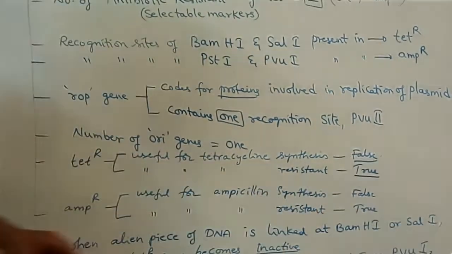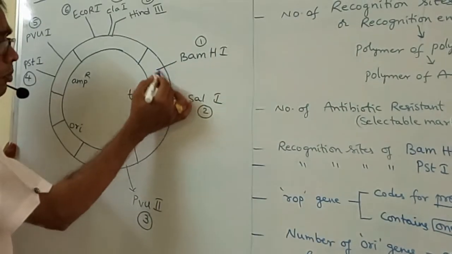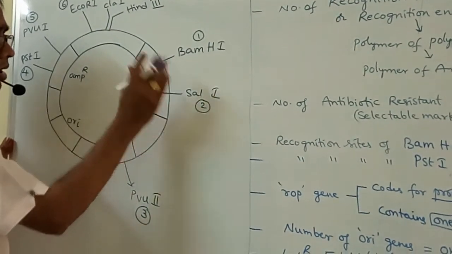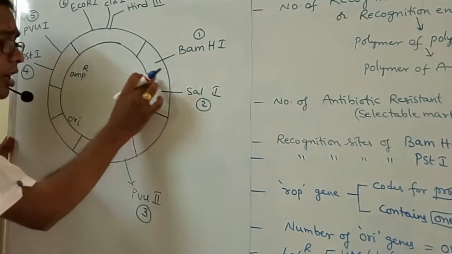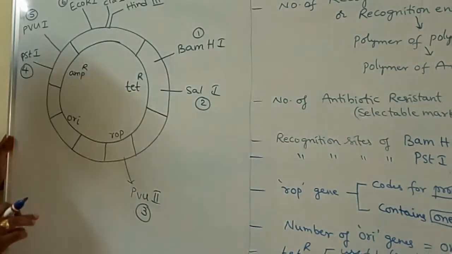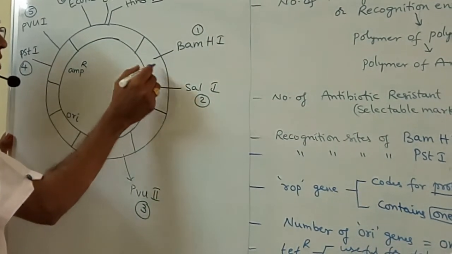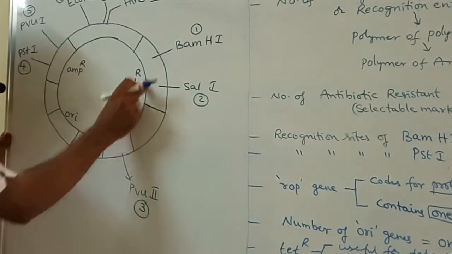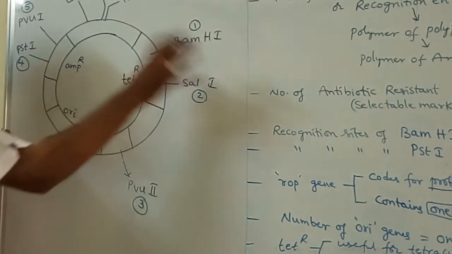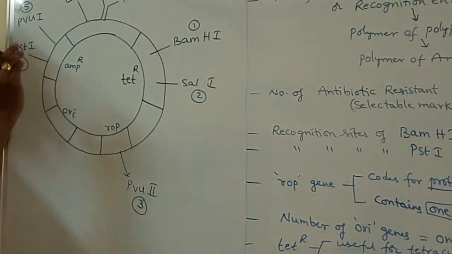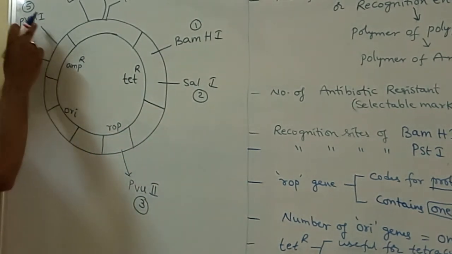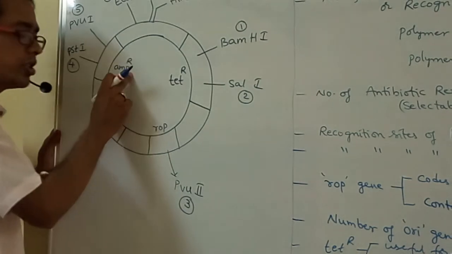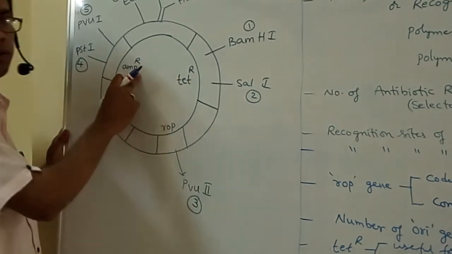Ampicillin resistance, true. And one more point: if an alien piece of DNA is attached at BamHI or SalI, the tetracycline gene becomes inactive.